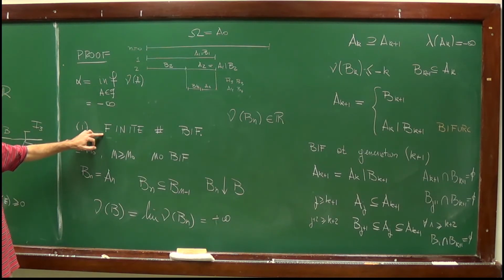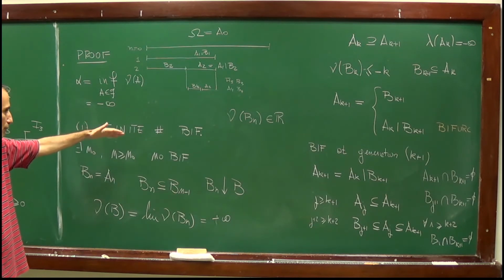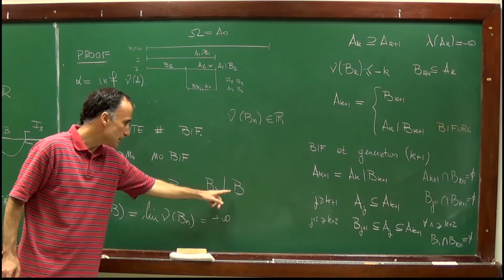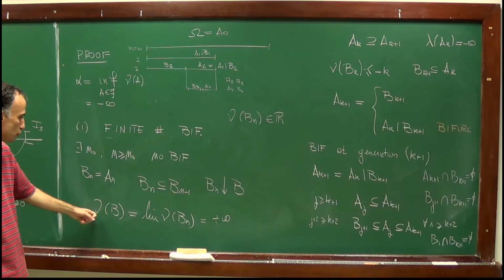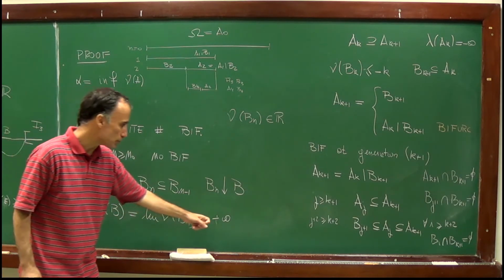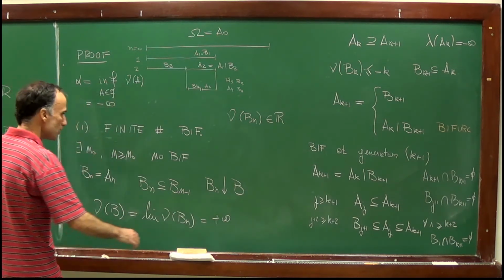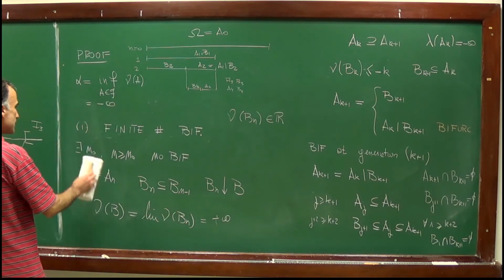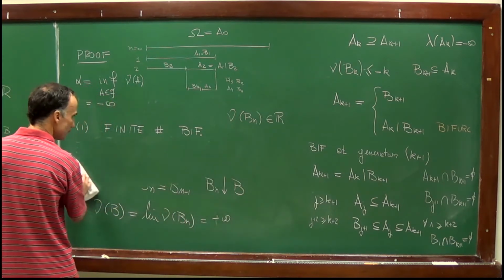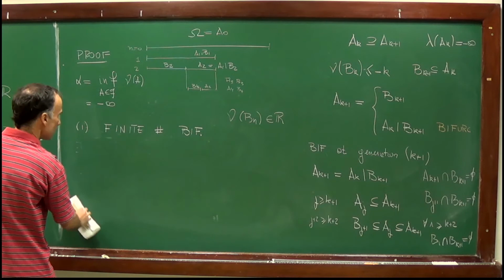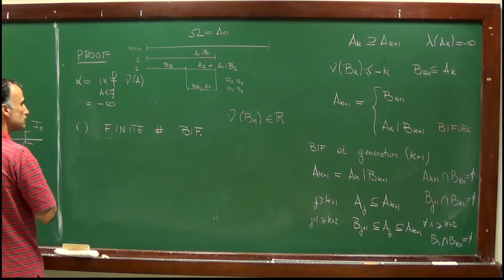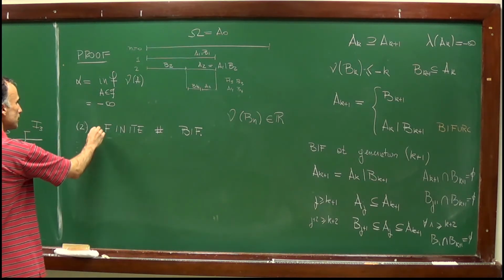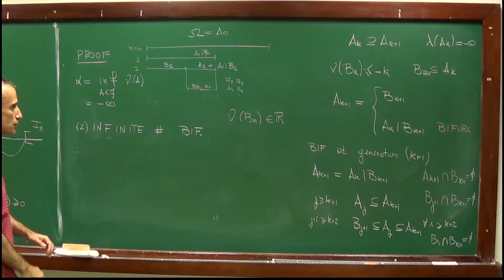So it's not possible to have a finite number of bifurcations, because if we have a finite number of bifurcations, by taking B as the intersection of Bn, we proved that the measure of B is equal to minus infinity. So now let's consider the second alternative, that there exists an infinite number of bifurcations.